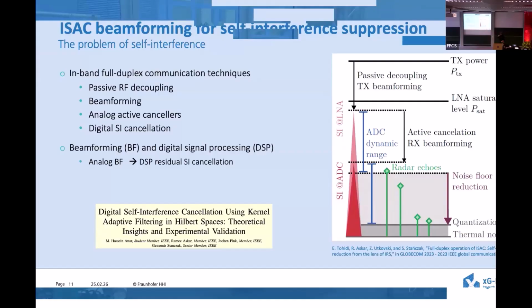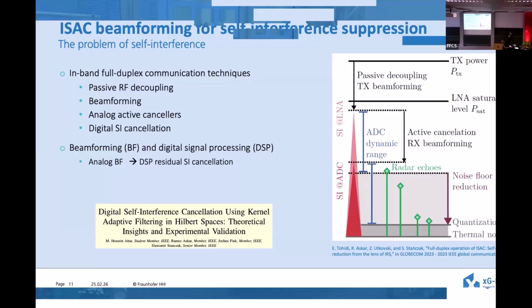This is illustrated here. First of all, the self-interference can be much stronger than the signal you are trying to detect. I mean, 100 dB, and then of course you cannot do anything. This drives your LNA, your amplifier, into saturation, and this causes nonlinearities, distortions, and things like this. So this is something you have to avoid. Usually you have passive decoupling between the transmitter and receiver.